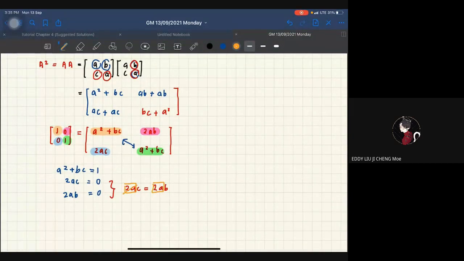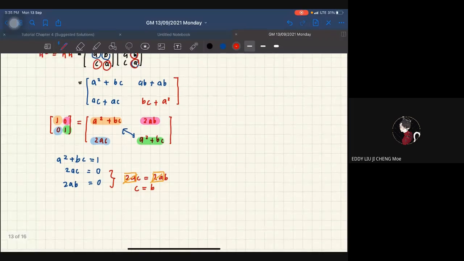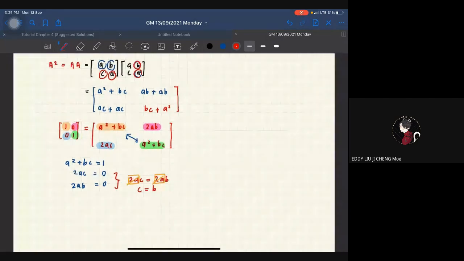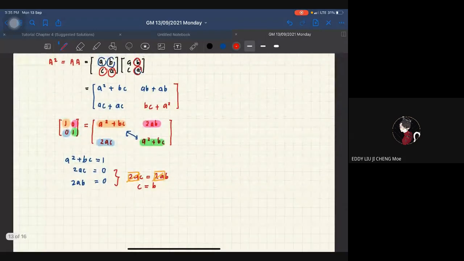So we cancel these two and you get C is equal to B. Okay, what else can you do? This question is complicated. We got C equal to B, so A squared plus BC is equal to 1. How are we going to get the value of A?